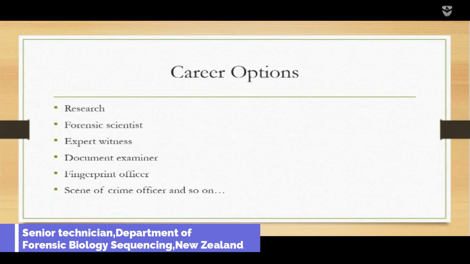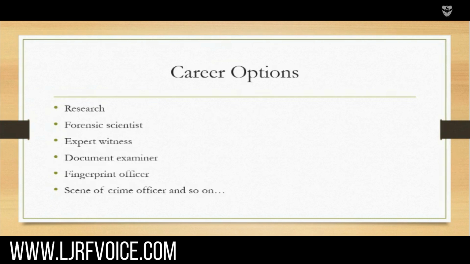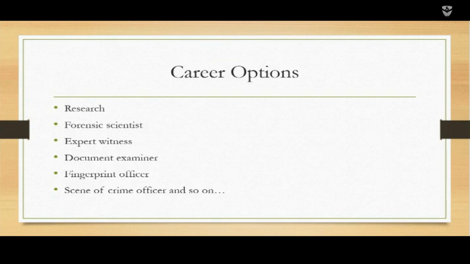So it's always better to talk to people who actually work in the field before deciding to go into forensic science. A major career option with forensic science would be research. I would say being a forensic scientist doing research, because forensic science is evolving day by day. New papers are getting published every day, new technologies coming up every day.